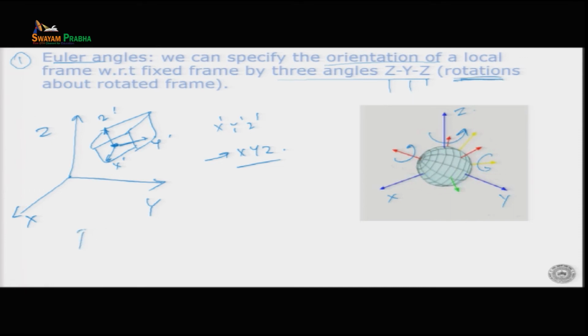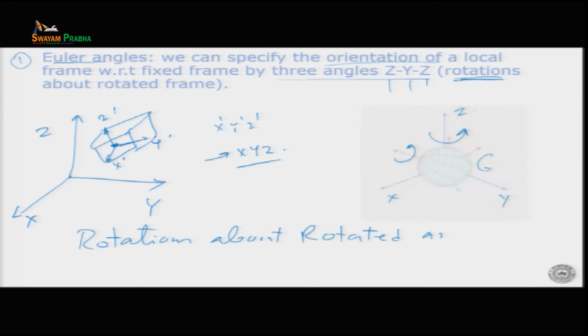Here we have to remember that these are rotations about rotated axes. If you have rotations about the rotated axis, then the order of the matrix multiplication remains the same. I am trying to find the combined matrix R for alpha, beta, and gamma, which are rotated in the order of alpha, beta, gamma, that is z, y, z.